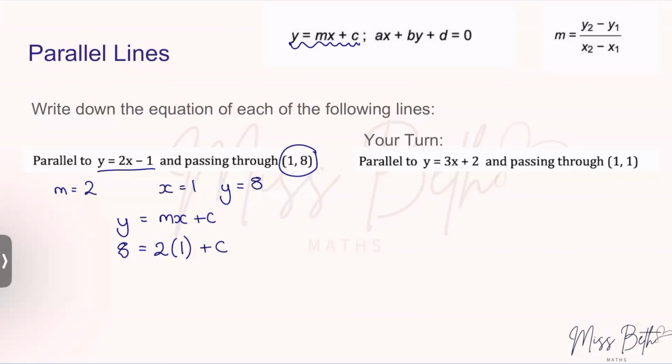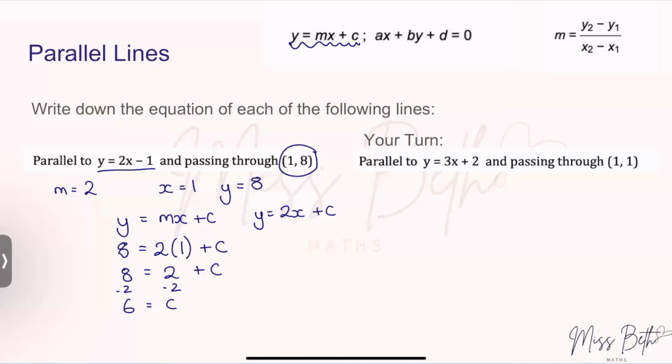Okay, so at the minute we have an incomplete equation of a line. I know the gradient is 2x, but I don't know the c value. Okay, so let's figure out what c must be. We've got 8 is equal to 2 plus c. Let's subtract 2 from both sides. So we would have 6 is equal to c.